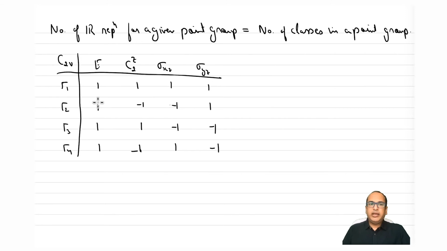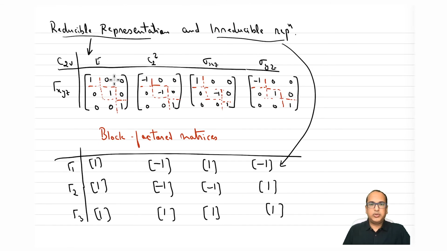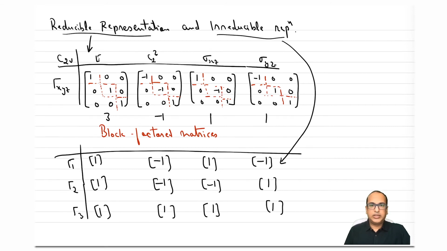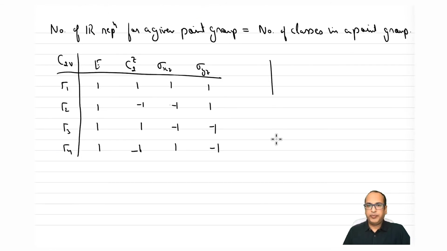There is another way. Let's also calculate the trace here. So the trace here will be 3 minus 1 plus 1 and plus 1. Okay, so let's write down the trace over here. Let's call it tau m.